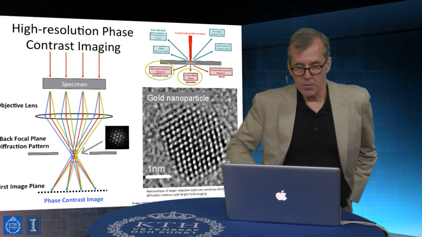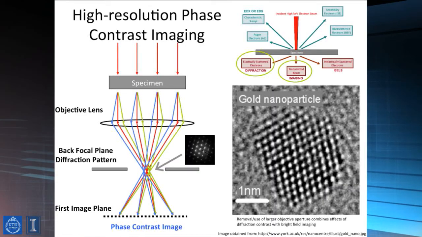Okay, so another way that we can do high resolution imaging is to collect all the diffraction orders that are generated by an interaction of a specimen with the electron beam. And here we see a cartoon version of different diffraction orders being organized by the interaction with the objective lens, and all brought to bear at focal points, right, at the image plane.